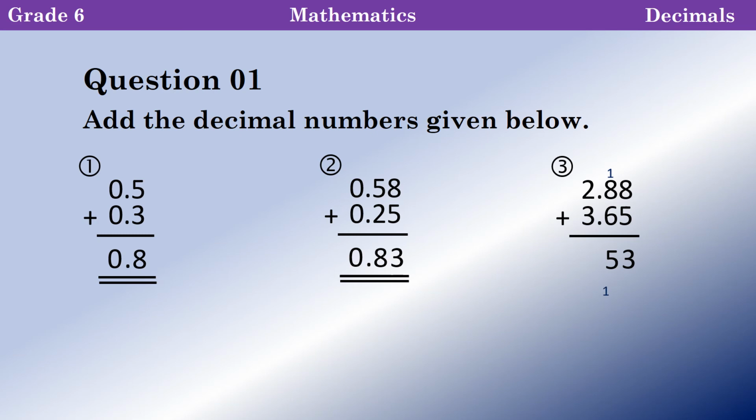We put 5 and there is 1 remaining. We bring that remaining 1 to the ones place of the number. Then when the digits at the ones place are added, it is 1 plus 2 is 3, 3 plus 3 is 6. And the decimal point is kept at the same position, then we write 6 at the ones place. Therefore, the answer is 6.53.